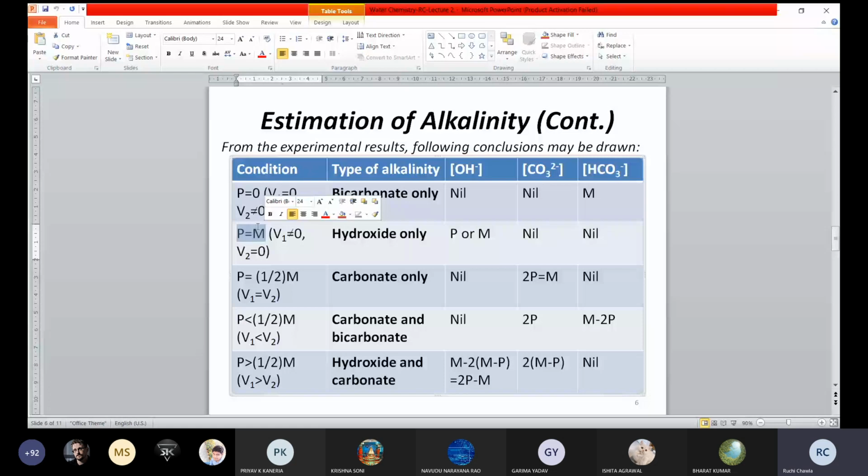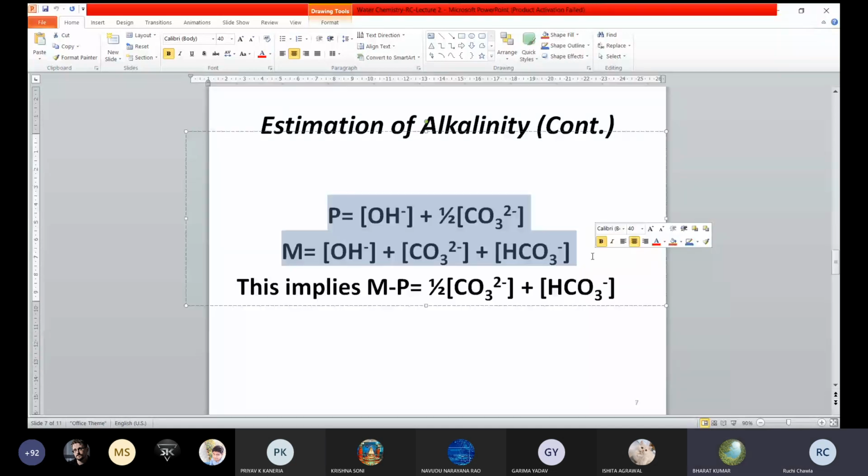So from the two equations that you have learned in the principle, can you calculate M minus P? So M minus P in the second condition is 0.